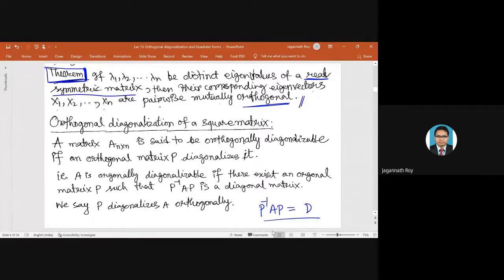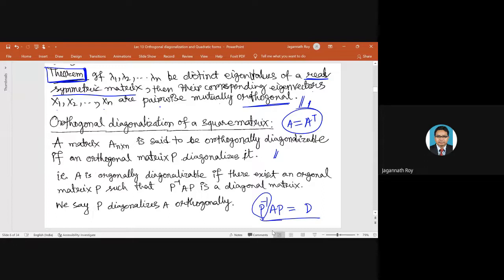So between this definition and this theorem, it says that if we have a symmetric matrix, meaning A equals A transpose, a real symmetric matrix, and its eigenvalues are distinct, then the model matrix is going to be an orthogonal matrix.